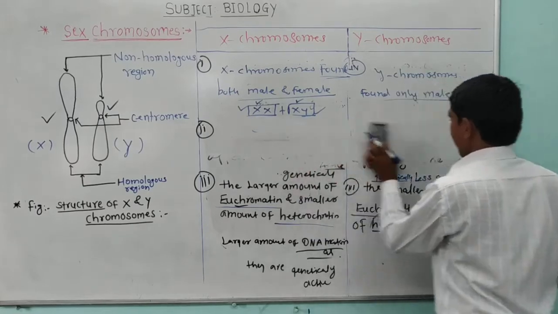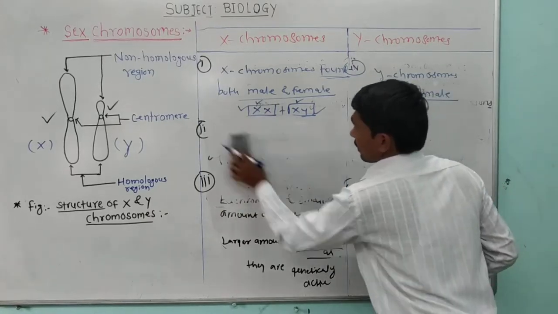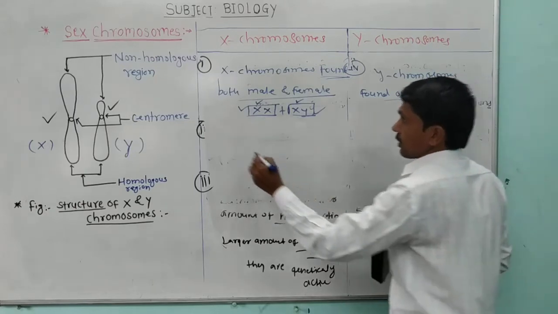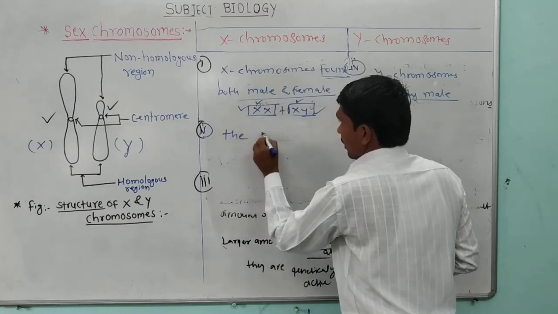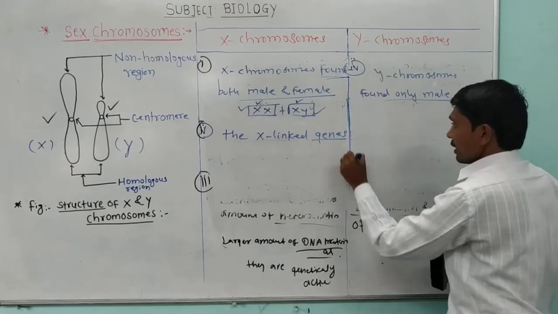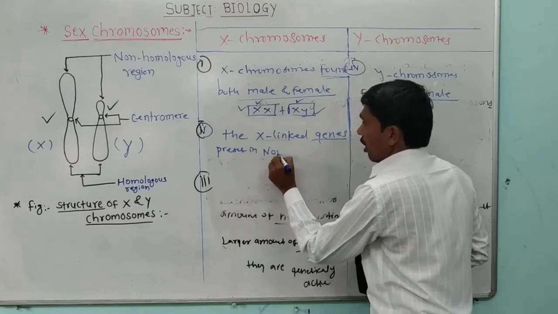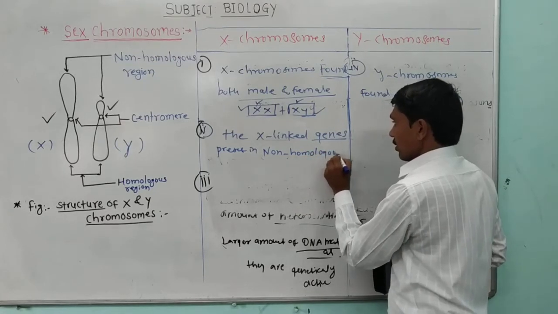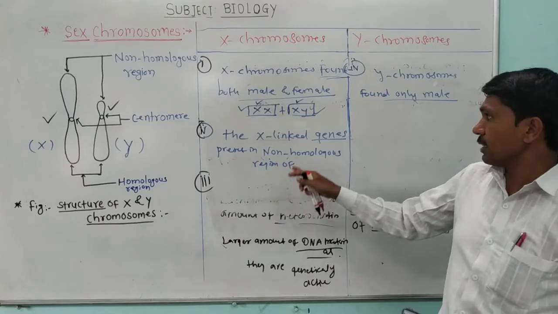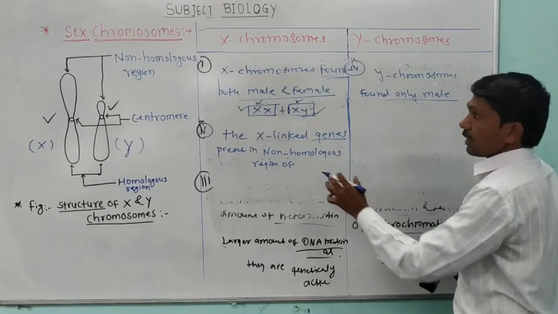Then, in this fifth point, the X-linked genes which are present in the non-homologous region of the X and Y chromosome.